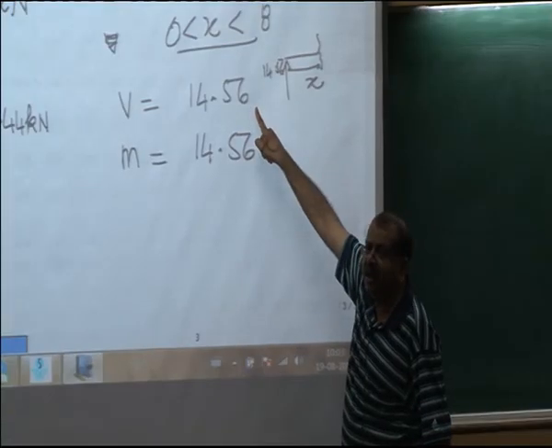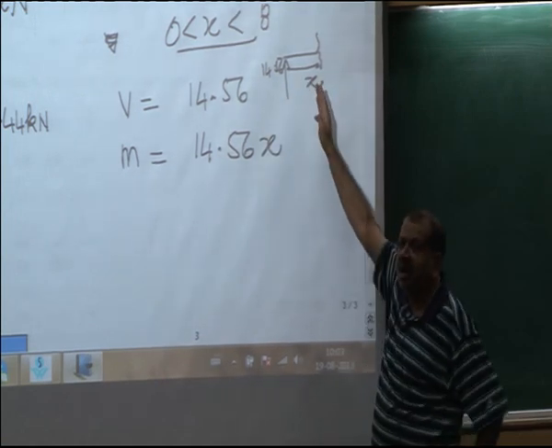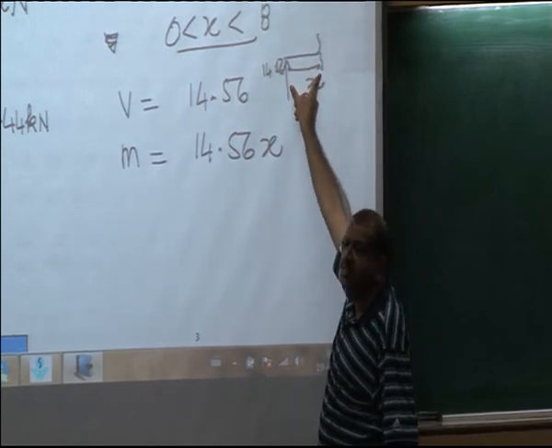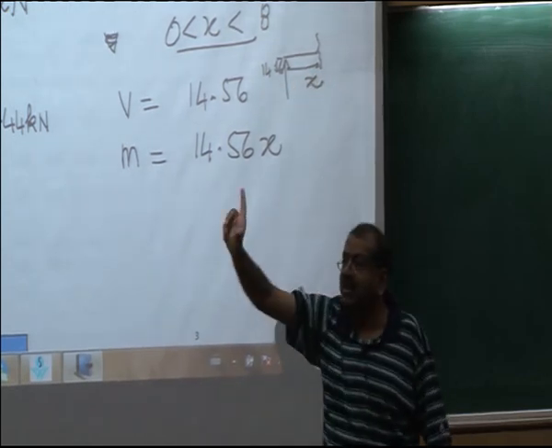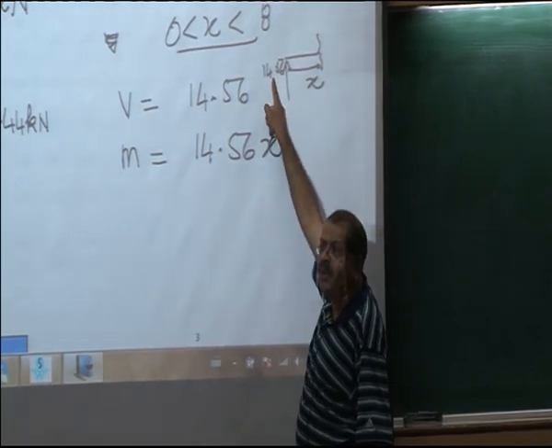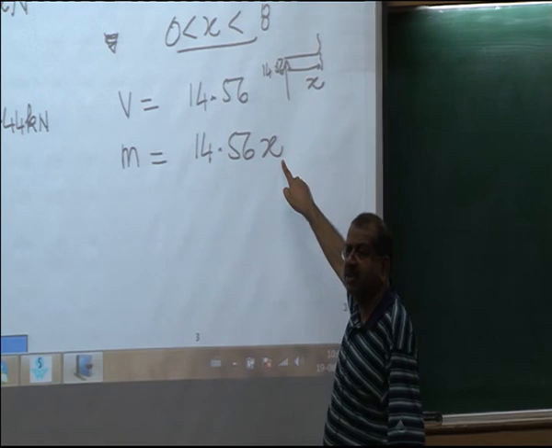So, that is how I directly get 14.56. And on all sections to its right, a force applies a moment equal to the force multiplied by this distance, which we called zeta in the last class. So, that distance from the cut section to the point of application of the force is how much? X. So, therefore, the moment becomes 14.56 x.